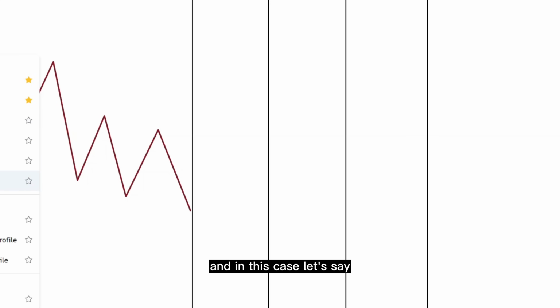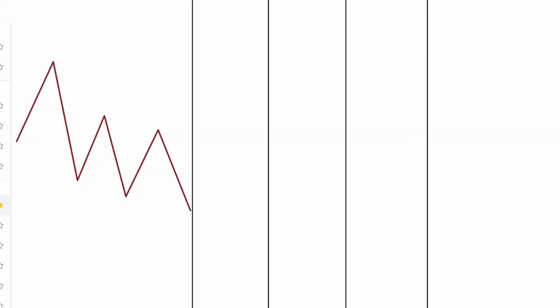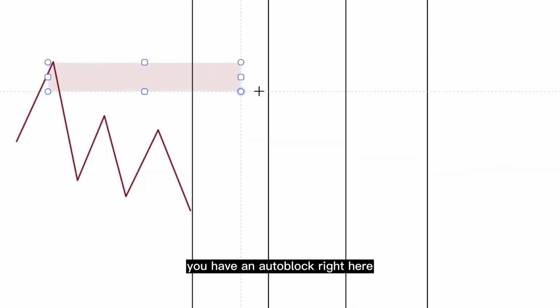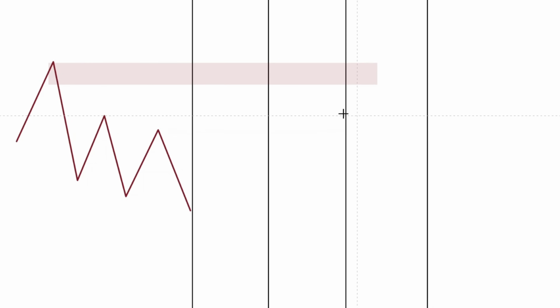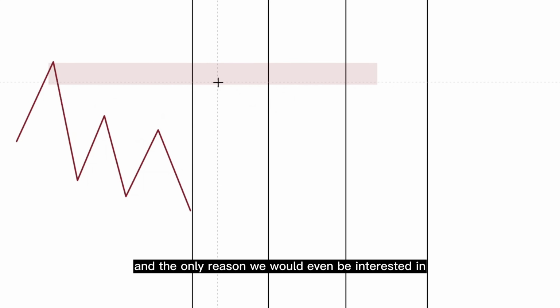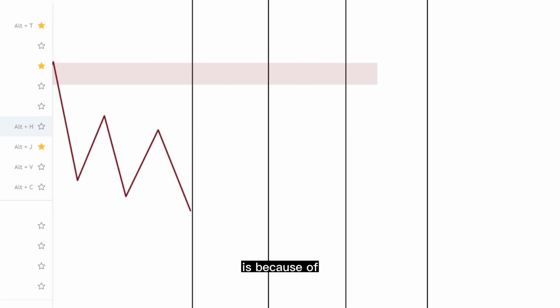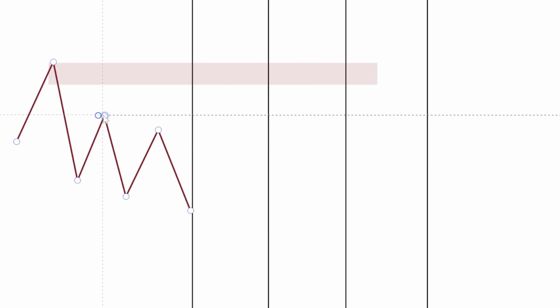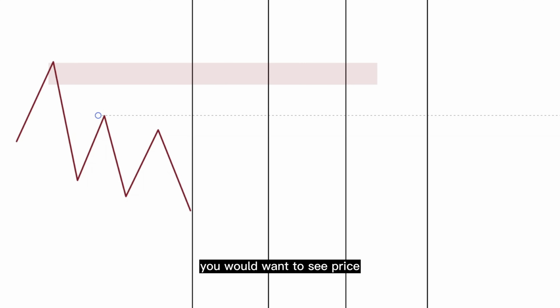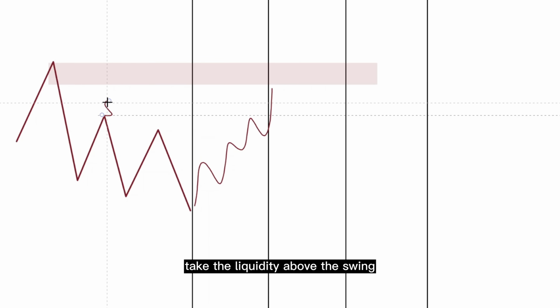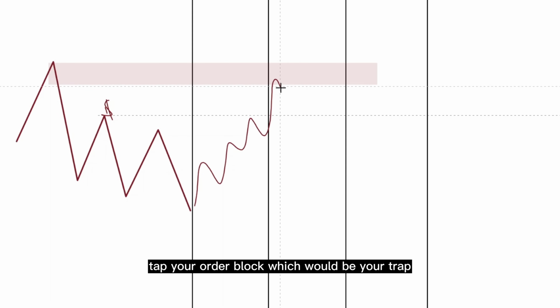And in this case, let's say you have an order block right here. And the only reason we would even be interested in taking this order block is because of the inducement. You would want to see price open up, take this level, take the liquidity above this swing, tap your order block, which would be your trap.